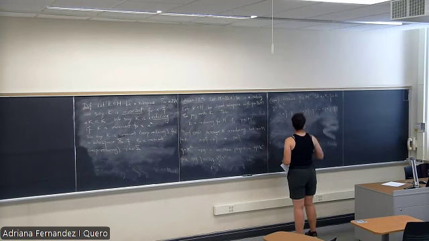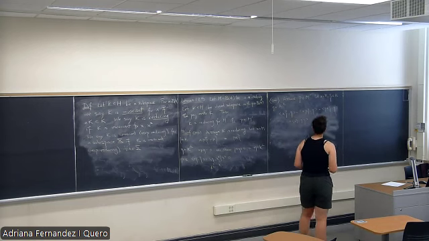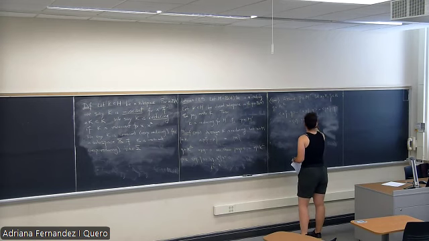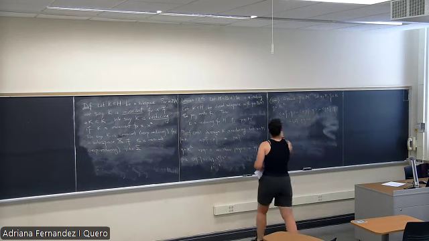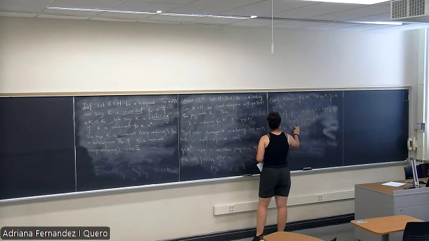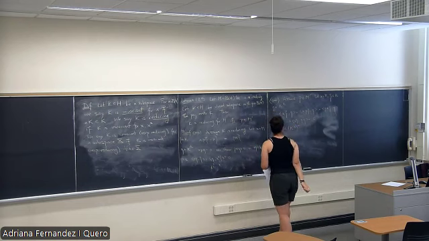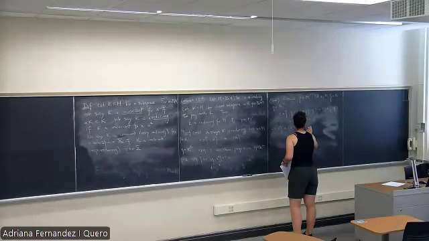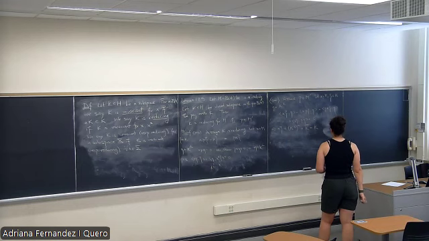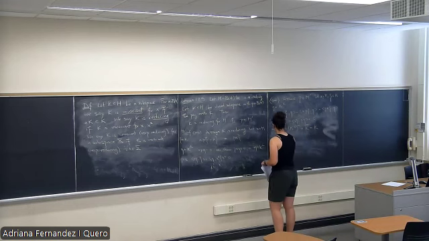P is a projection, so P star is P. But then P is a projection onto K. Eta lies in the orthogonal complement, so P eta is 0, therefore it's 0. So as I was saying, what you have is that x psi is in the double perp, which is nothing but the closure of K, but you're assuming K is closed, so it's K. So this shows that it's invariant.